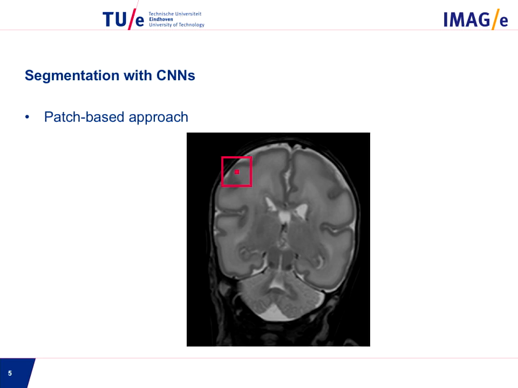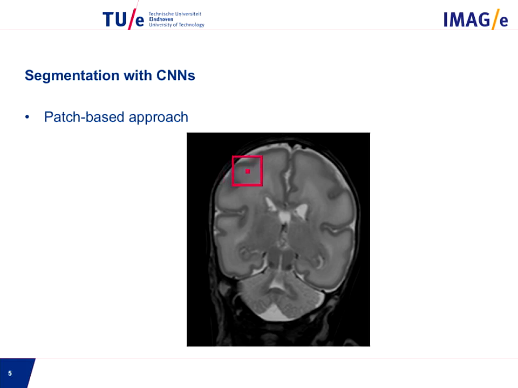So the most straightforward approach of translating these convolutional neural networks to segmentation networks is going for a patch-based approach. What you actually do is take a patch of the image, and the output of your network will then be: does the pixel in the center of the patch belong to white matter or gray matter?